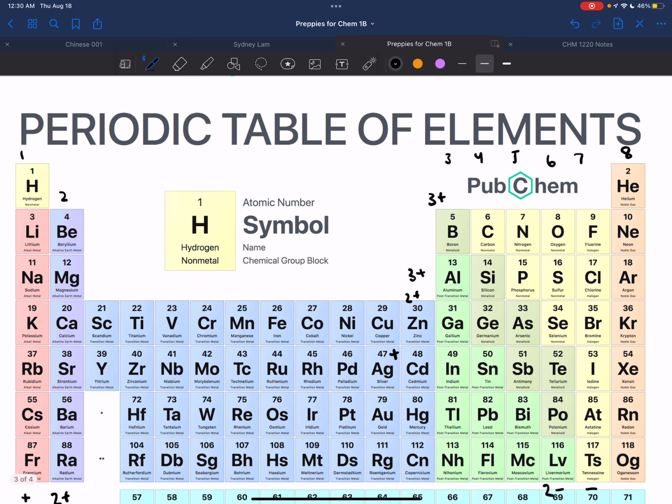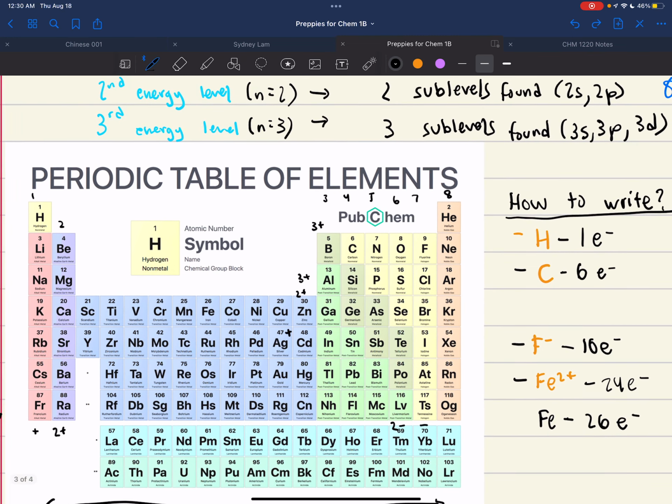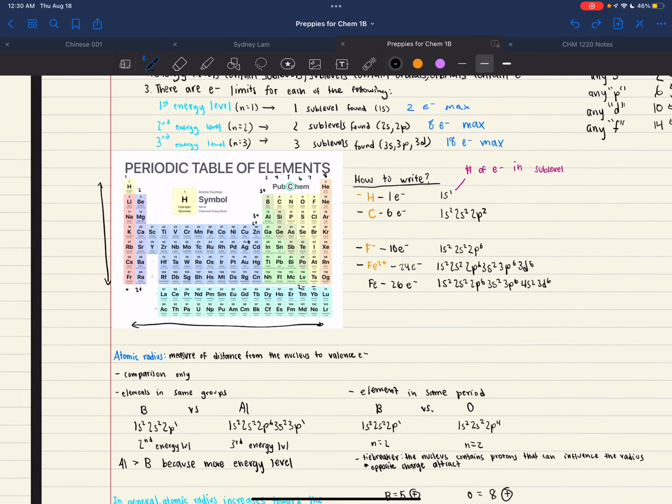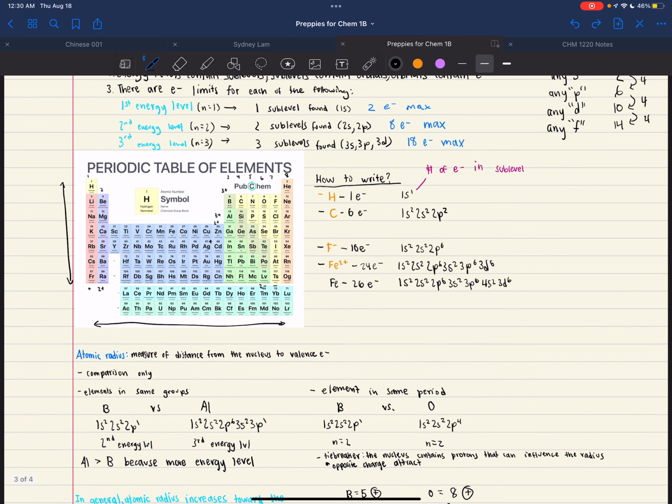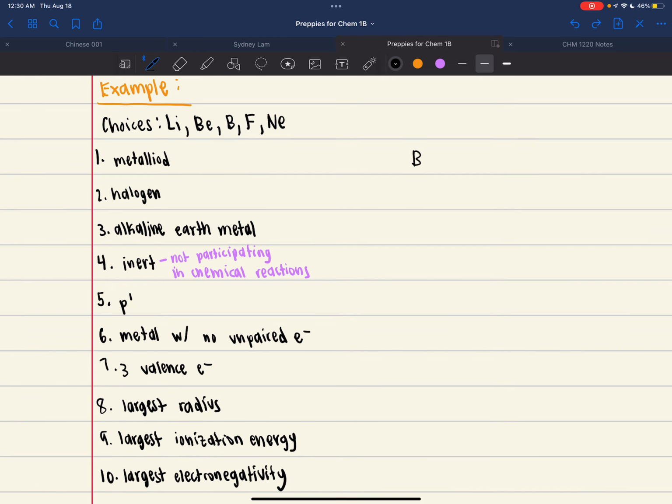These are all A's, and then these are all B's down here. So 7A means fluorine, chlorine, bromine, iodine, etc. Those are halogens, and in this choice list we have fluorine.